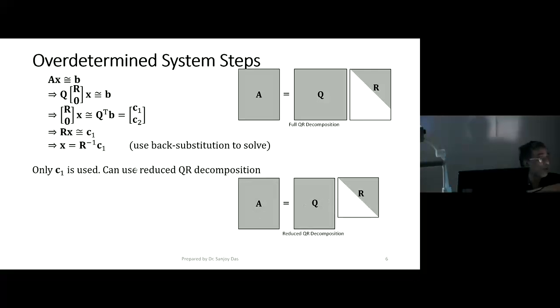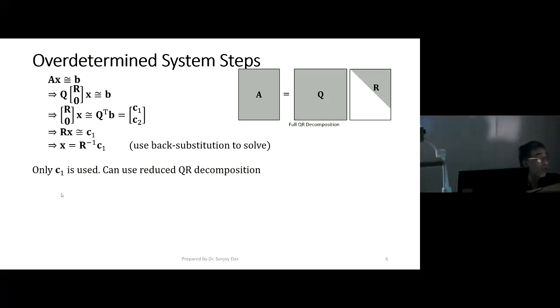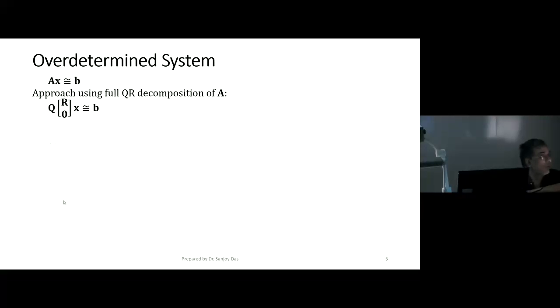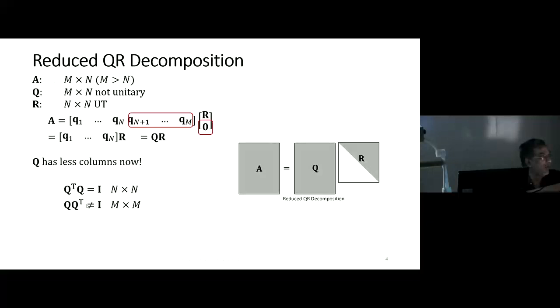This is the reduced QR decomposition, and so what we can do is, again, we're trying to solve AX equals B. We do the reduced QR decomposition of A, so QRX is again approximately equal to B, and so Rx is Q inverse B, or Q transpose B. Q transpose Q is still the identity matrix. Only QQ transpose is not.